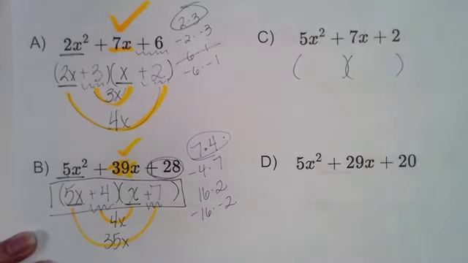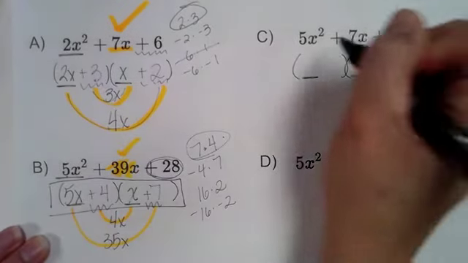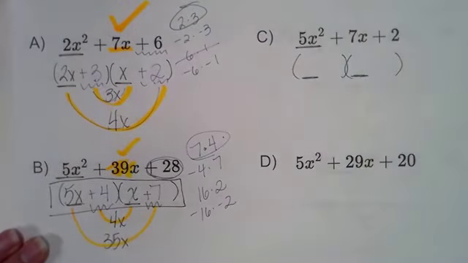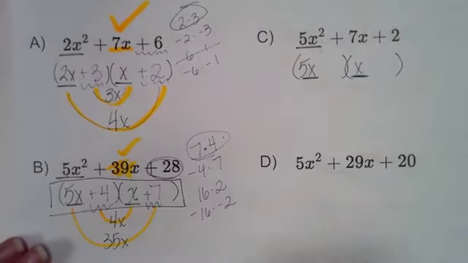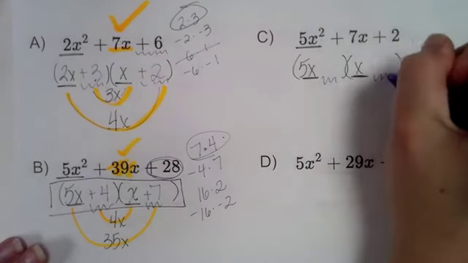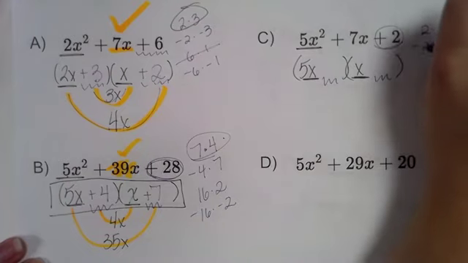5x squared plus 7x plus 2. First times first has to be the first thing. What times what is 5x squared? 5x times x. Very good. Last times last has to be the last thing. What times what is 2? 2 times 1 or negative 2 times negative 1.